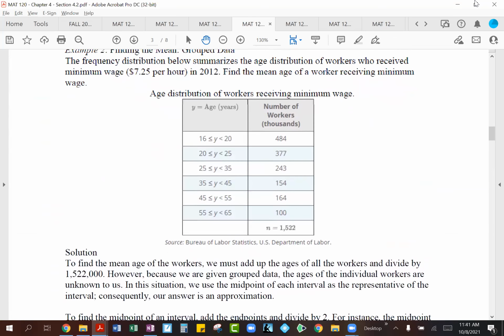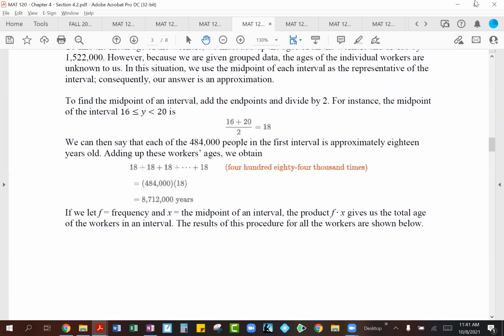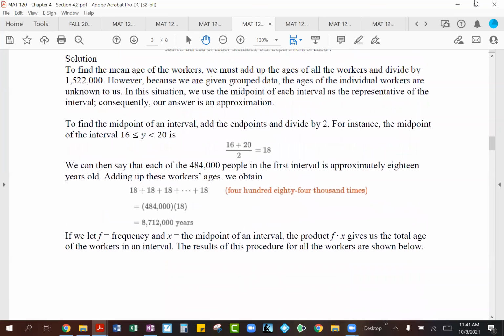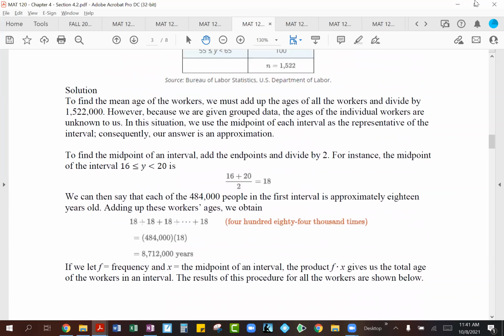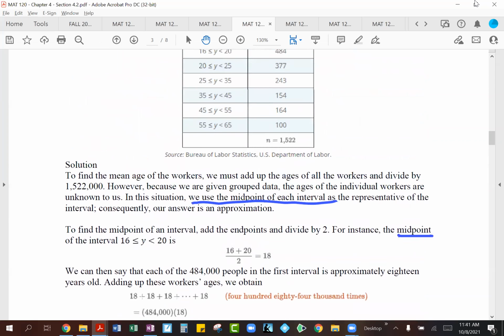So again, you've got different examples here showing you how, if you had grouped data, how you would find the mean. And this one over here, are they giving us that terminology? Yeah. So you actually have to find the midpoint for each interval before you can calculate what your mean is going to be.